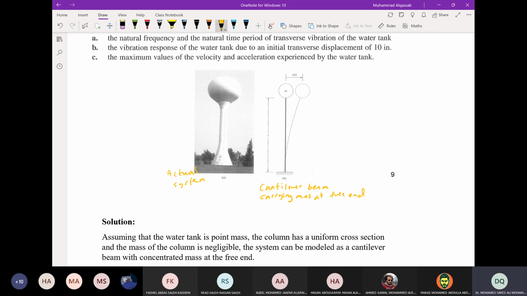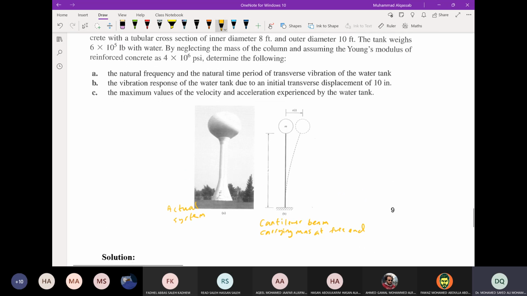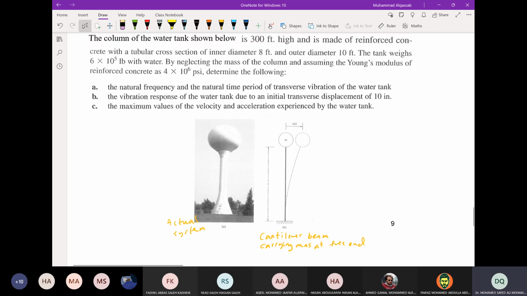And the mass at the top is the mass of the tank with water. It's given equal to 6 times 10 to the power 5 pounds, which is the weight given. There are assumptions made here.